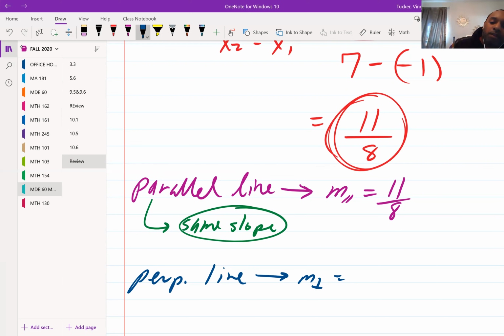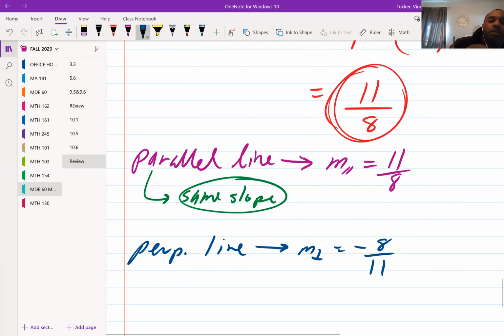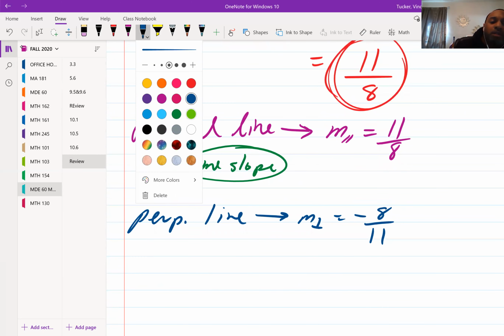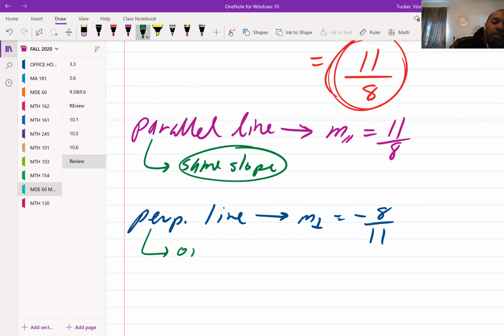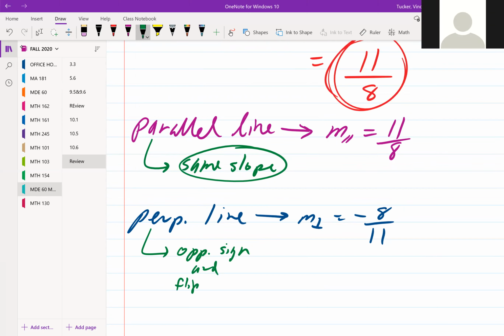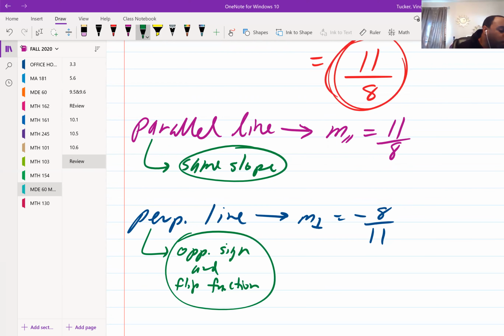So that'll be -8/11. So that's how you do that: use the opposite sign and flip the fraction. Was that okay, sir?